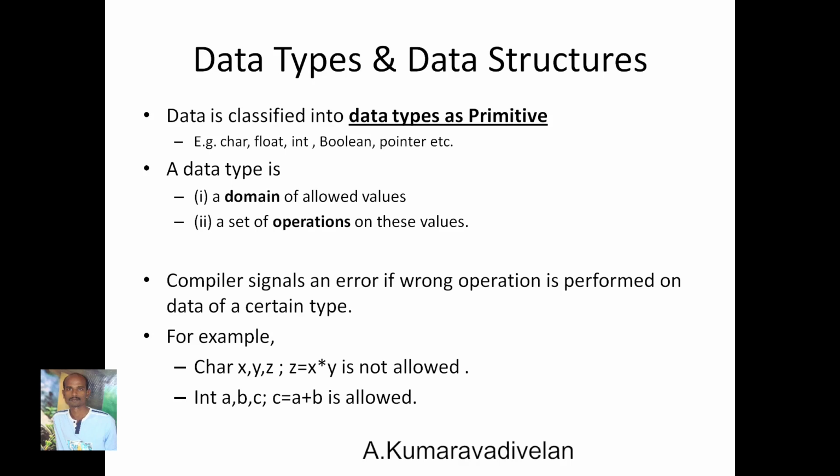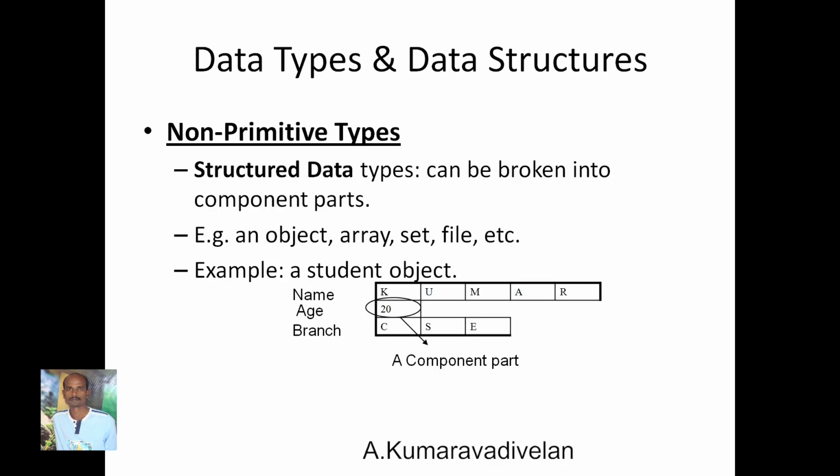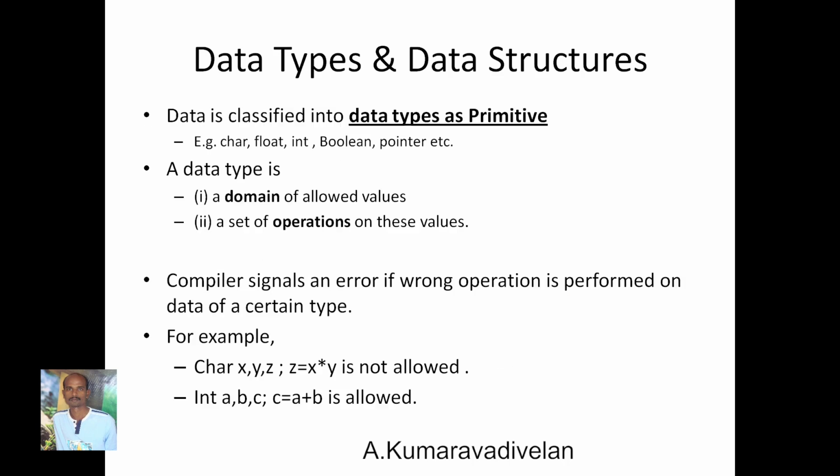The compiler can signal wrong operations performed on these primitive data types. For example, multiplying two characters is not allowed, but integer numbers can be used for any arithmetic operations like a plus b.